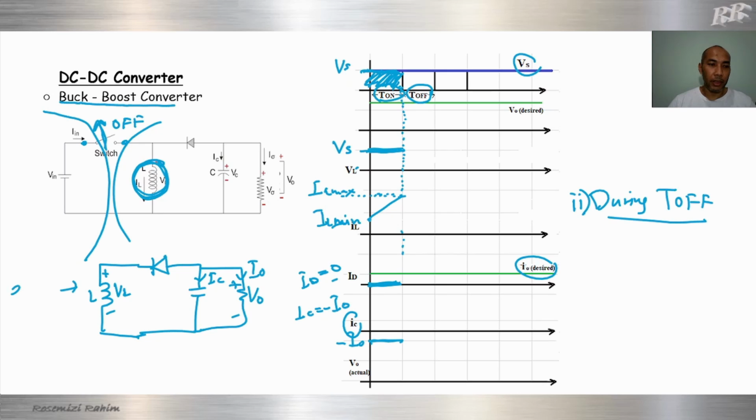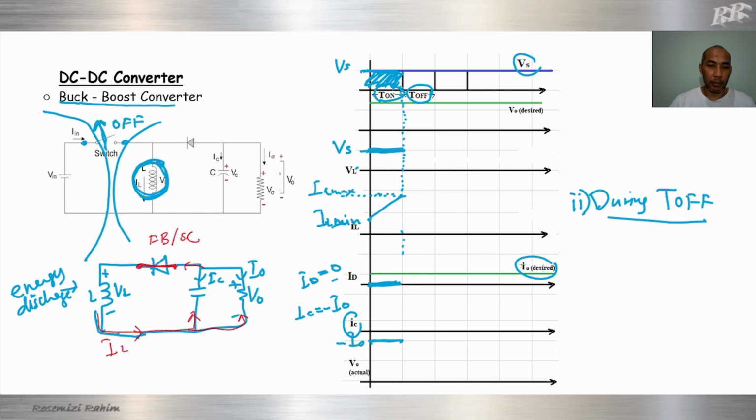Current will flow through the circuit and go here, so this diode will be forward biased, short circuit.